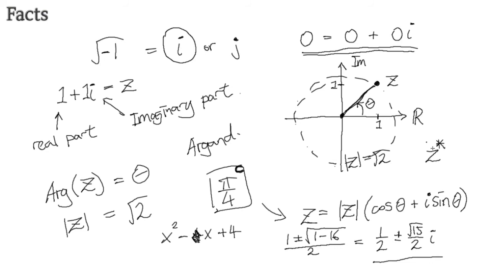This is the symbol for a complex conjugate. And on the Argand diagram, the complex conjugate of this z will have to be the mirror reflection of the normal z. So this will be the complex conjugate, and this will be -1.